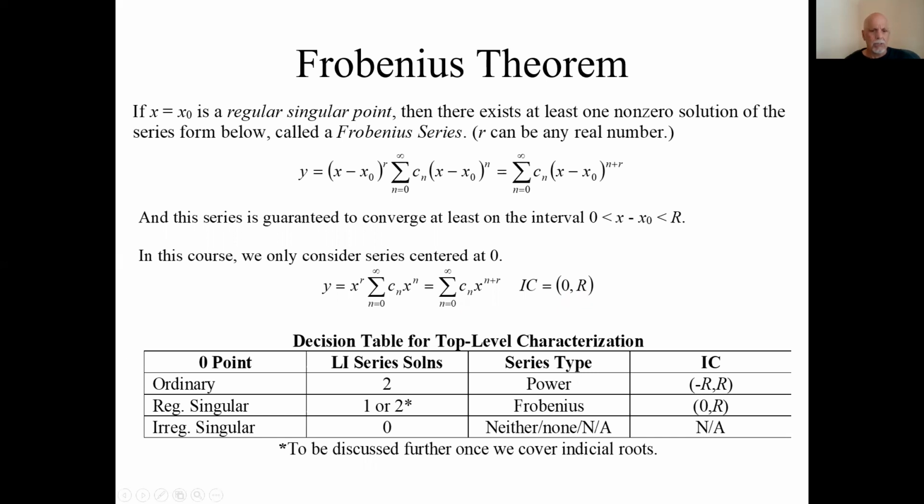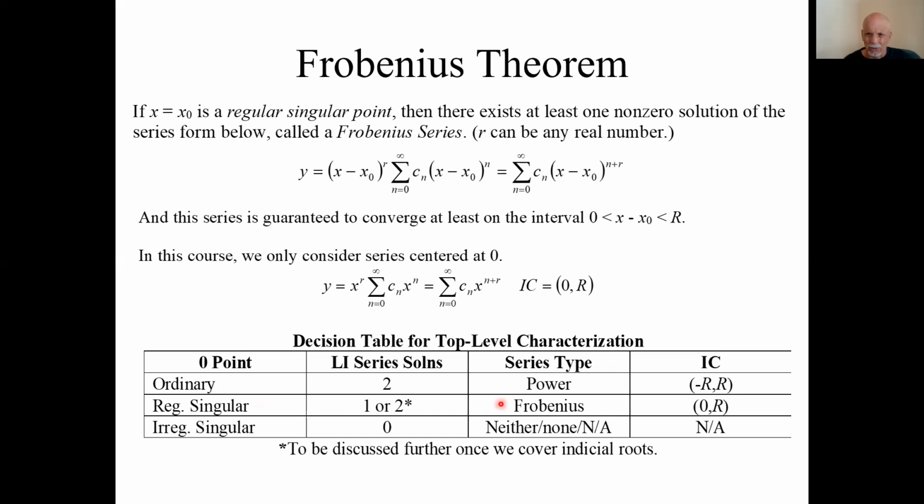So here's kind of a decision tree. Center everything at 0. If 0 is an ordinary point, we're going to get two linearly independent power series solutions, with a symmetric interval of convergence, minus R to R. R is the radius of convergence. If it's a regular singular point, we might get one or two Frobenius series solutions, and we'll talk more about this later.